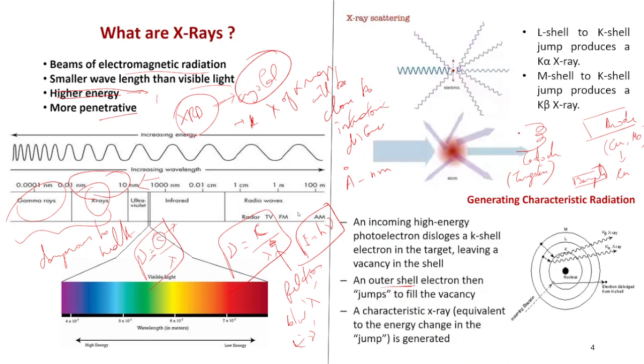When we heat this tungsten material, it becomes filled with electrons of very high energy, and they travel towards the anode and strike the anode at very high speeds.